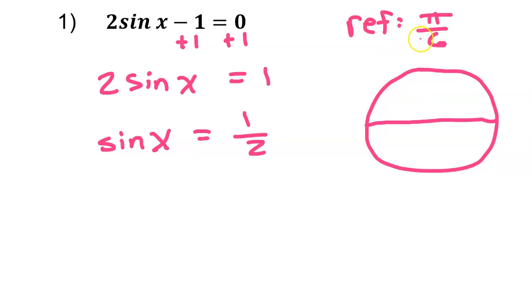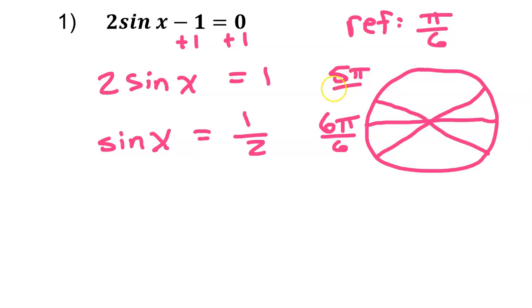So, in terms of the reference angle, this position on the left, which is pi, can also be thought of as 6 pi over 6. So there will be reference angles above and below this. One position before 6 pi over 6 will be 5 pi over 6.